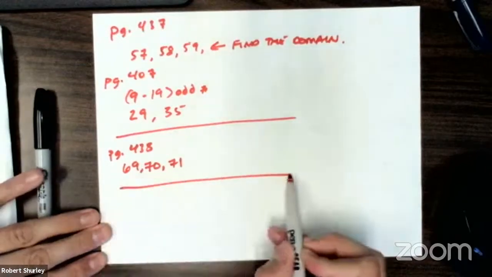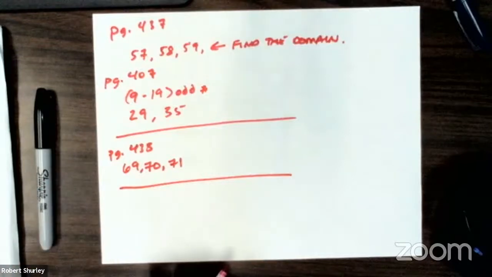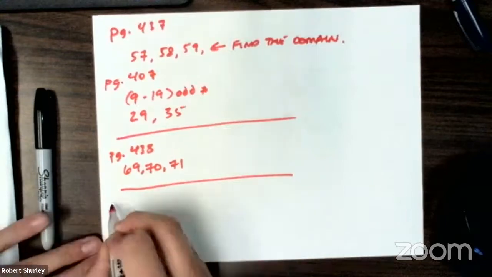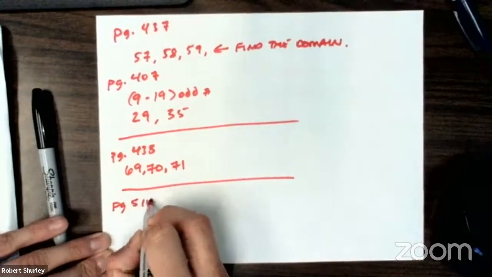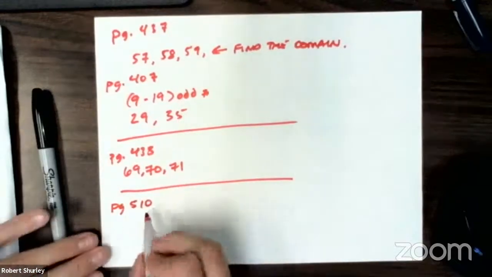And then for 4.1, page 510, numbers 10 and 11.